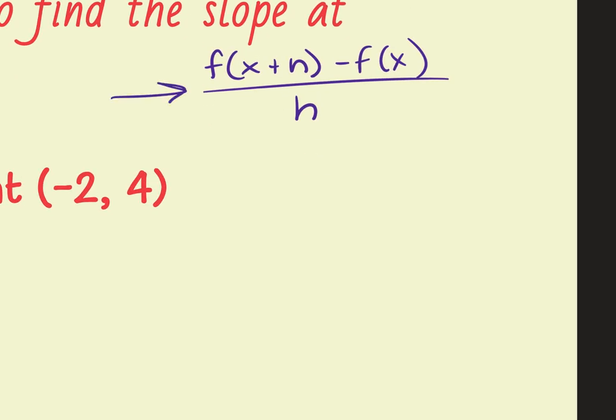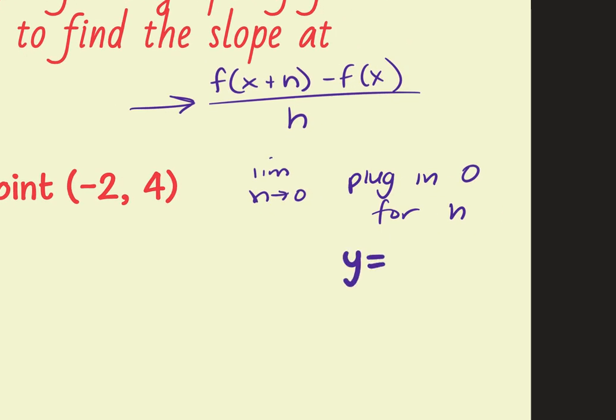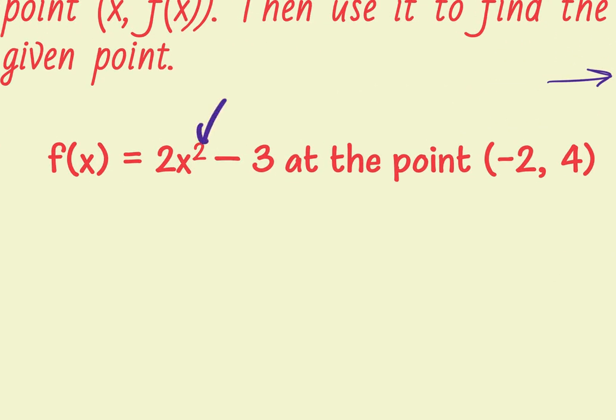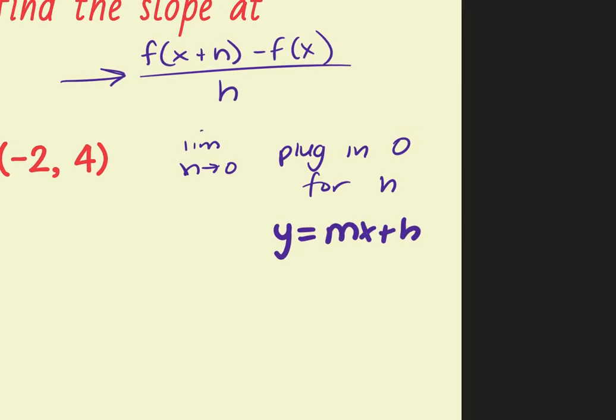But then we take it one step further and we find the limit of that graph as h approaches 0. So really, from there, we plug in 0 for h. And what we get left with, if it starts as a quadratic, which is what all these have started with, is an equation that's in linear form, so y equals mx plus b.